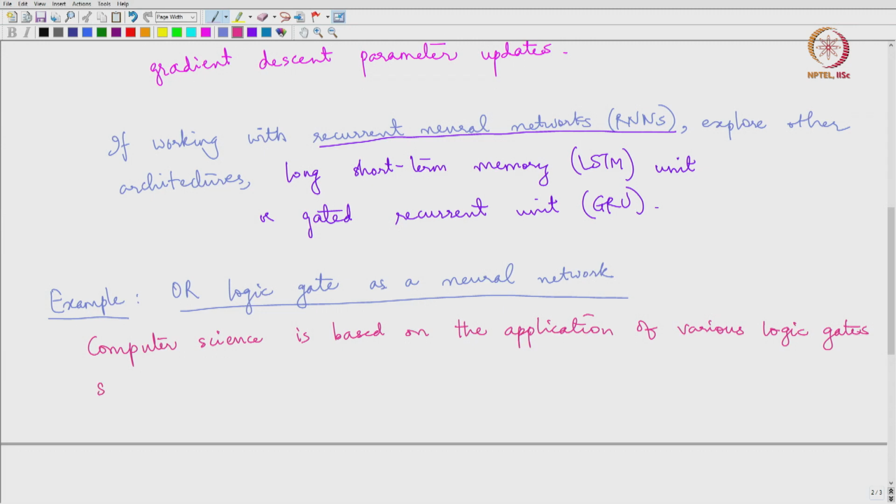such as, I just mentioned the basic examples like the AND gate, the OR gate, the NOT gate, and there are many others like XOR, which is basically exclusive OR. Exclusive OR means that only one of the two conditions should be true, not both together.